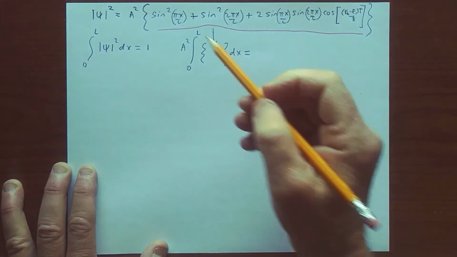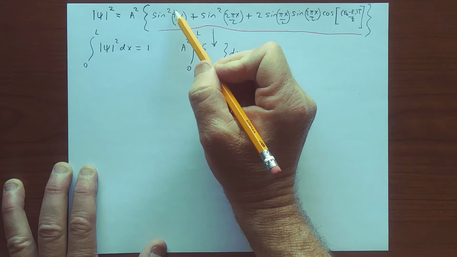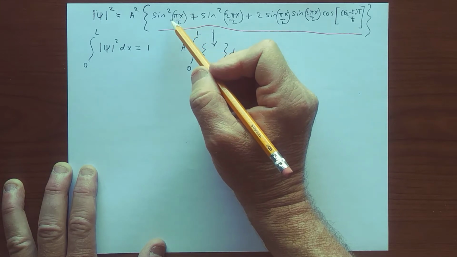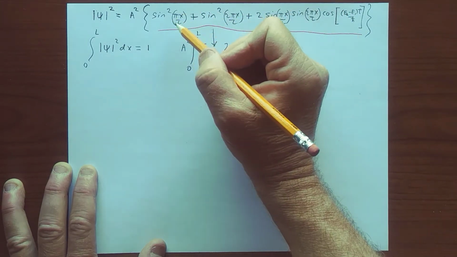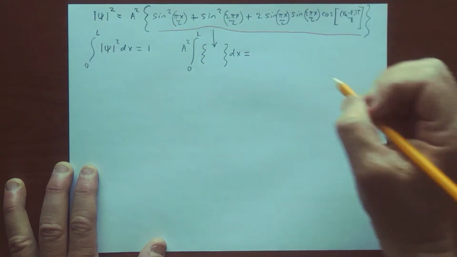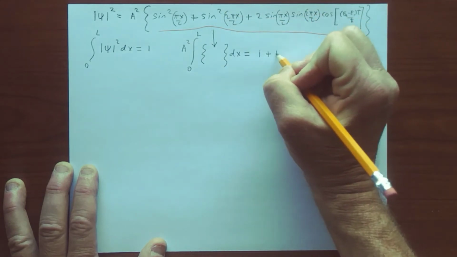And so let's notice that we integrate this term in dx, right? That's just 1 because that's something we've already seen before. That's the eigenfunction squared. What's true of all of the eigenfunctions, sine squared of n pi x over L dx from 0 to L, they all give us 1. So we have 1 for that one, and we have 1 for this, so we have 1 plus 1.